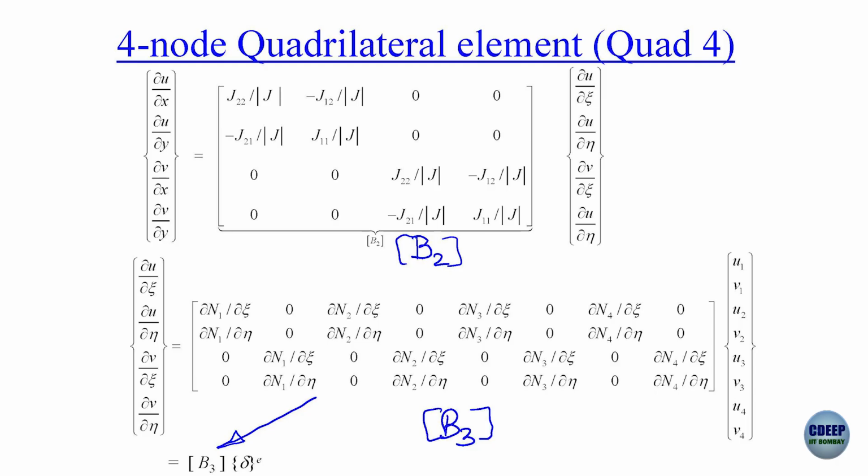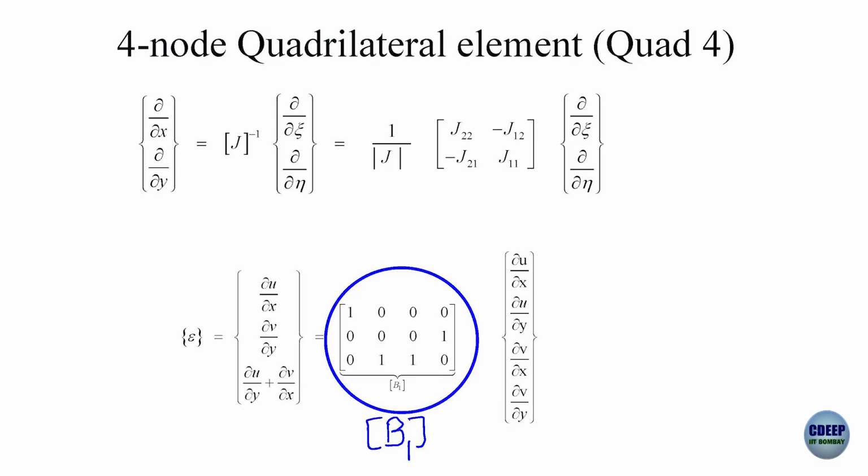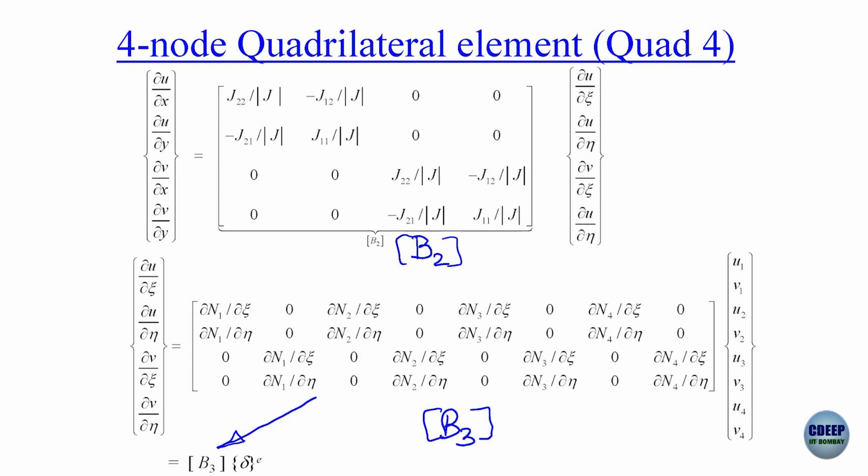So, B1, B2, B3, please go over it, concentrate for a minute, figure out how they look. So, this is a 3 by 4 matrix of zeros and ones. Okay. Then next matrix is a set of Jacobians, that is 4 by 4, and this is now 4 derivatives in terms of zeta eta being related to the nodal displacement.